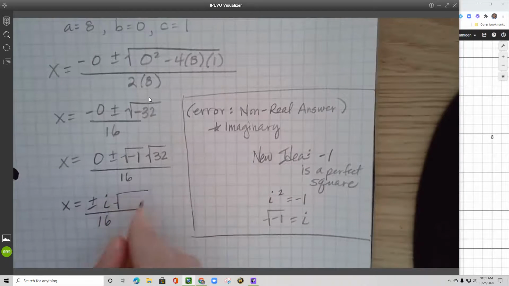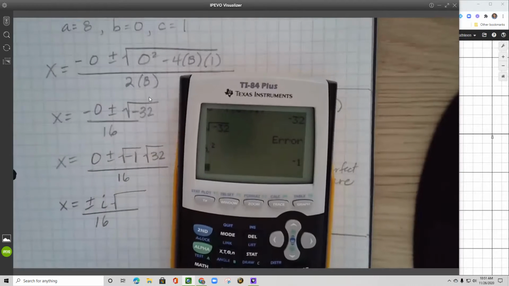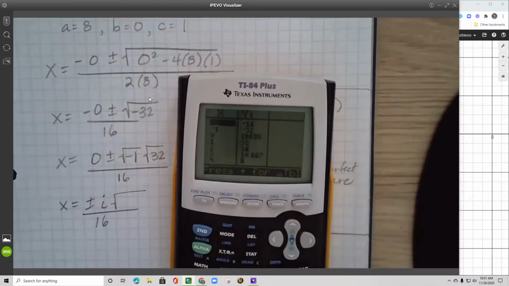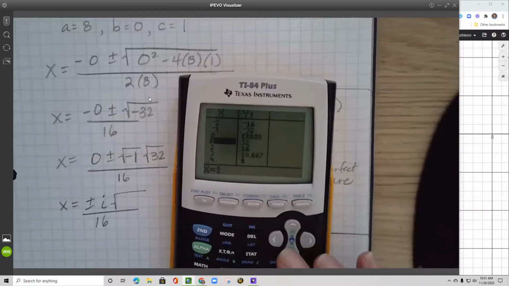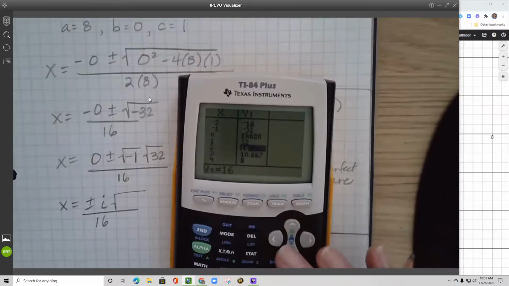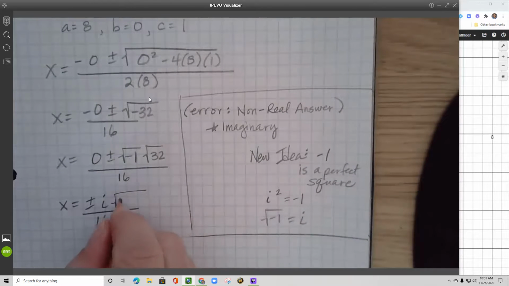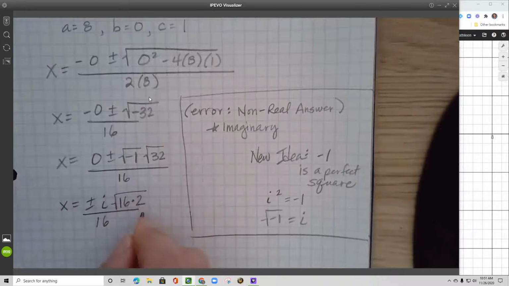And then we want to simplify this radical. So I'll do y equals 32 divided by x in the table. And I'm looking for the biggest perfect square factor, which is 2 times 16. 16 is 4 squared. So I can write this as 16 times 2.